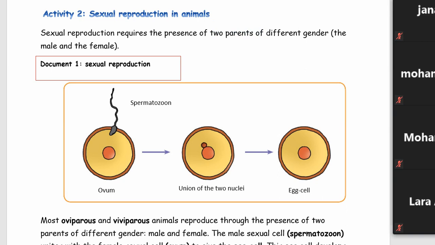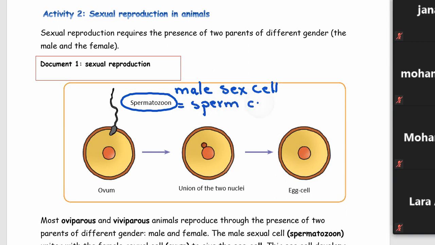First of all, we have the male sex cell, which is the spermatozoon, also known as the sperm cell. Look at its shape. Its shape is elongated, it is long.